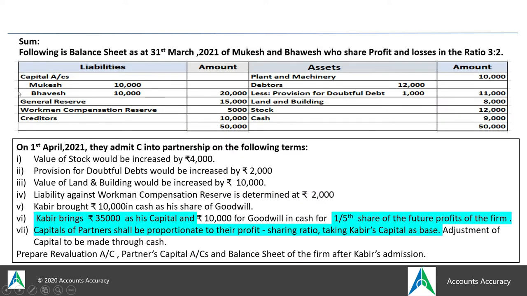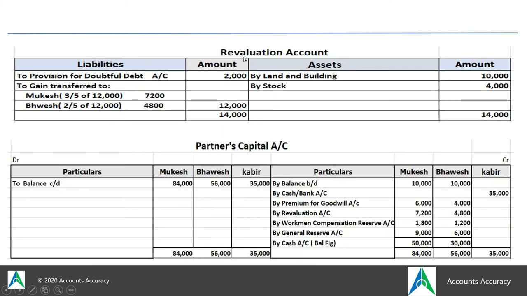Already it's been given that Mukesh and Bhavesh were sharing profit and losses in the ratio 3:2. Hence 3/5 of 12,000 is 7,200 and 2/5 of 12,000 is 4,800. It needs to be diagonally transferred to partners capital account. You can see here by revaluation 7,200 of Mukesh and 4,800 of Bhavesh has been posted diagonally.